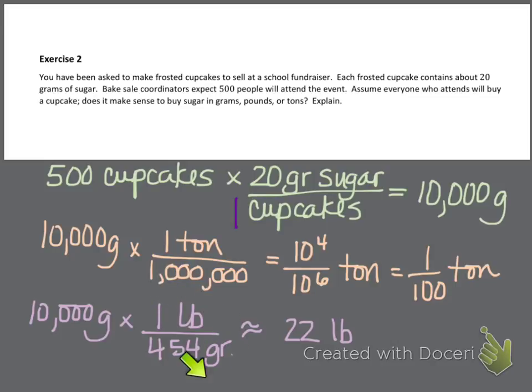So I'm going to get an approximate answer right here. That's why I made these wavy right here. So 10,000 grams of sugar is about 22 pounds of sugar. So I know that I can buy 5 5-pound bags of sugar, and I'll have plenty for my cupcakes. So the most appropriate unit there would be pounds.